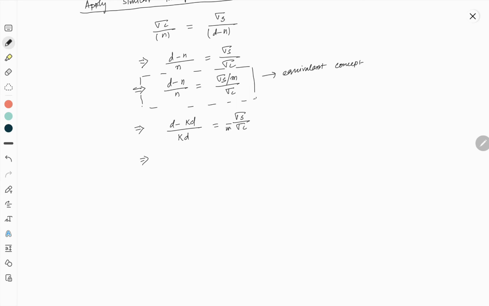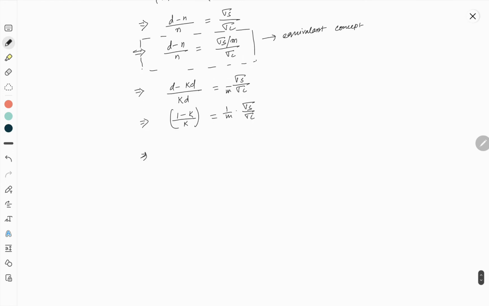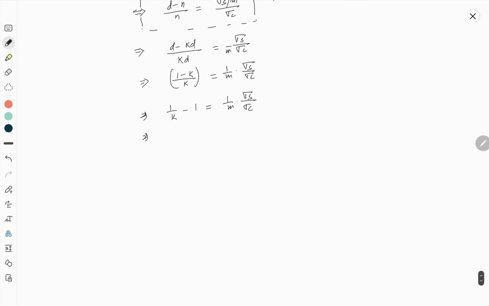So 1 minus k by k equal to 1 by m, sigma s by sigma c. Now we can say 1 by k minus 1 equal to 1 by m, sigma s by sigma c. From here we can write 1 by k equal to 1 by m, sigma s by sigma c plus 1.